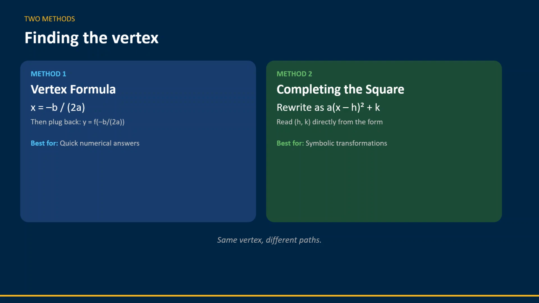Pick by what you need next. If you only want the numbers, the formula is faster. If you need the function rewritten in vertex form, for graphing transformations, for reading off the maximum value algebraically, or for symbolic manipulation, complete the square. Both methods give the same vertex.